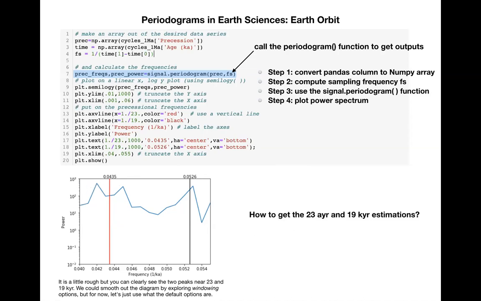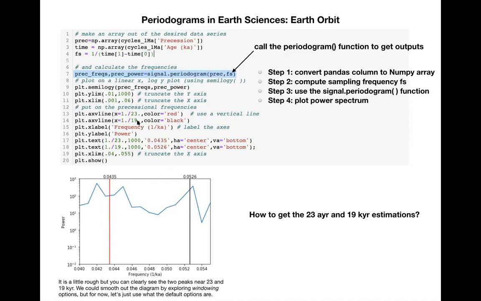So how do we get in this way? I estimated these frequencies as 0.04 and 0.05. If we do the periodicity, I get 23K years and 19K years in the variation of precession.